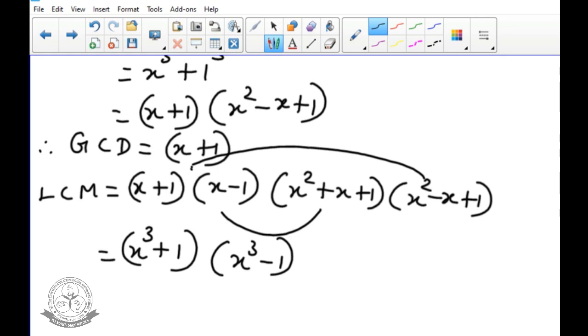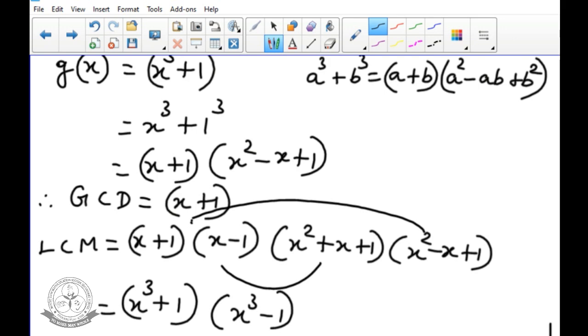Next, the common term and the non-common term also we have to select. So f of x here, x plus 1 also.